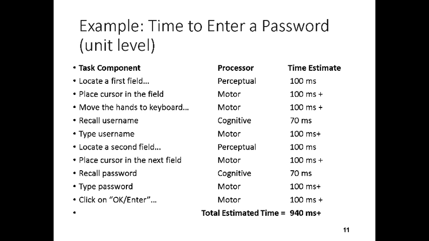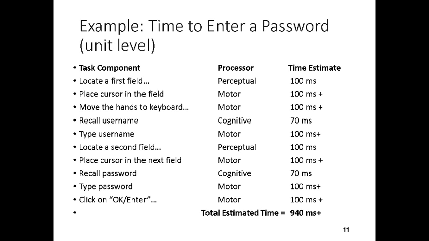If you go through all this, that would be you typing in your password. So you're locating the field for the password, you place the cursor in the field, you move your hands towards the keyboard, you have to think about or remember your username, you have to type your username, and so on and so forth, and each one of these has its associated processor.